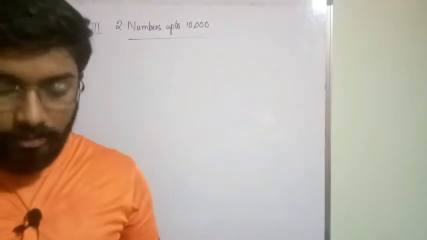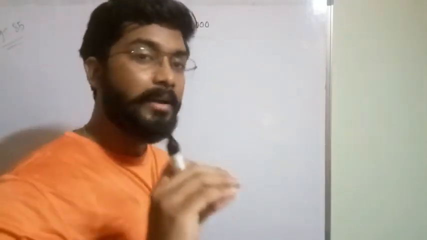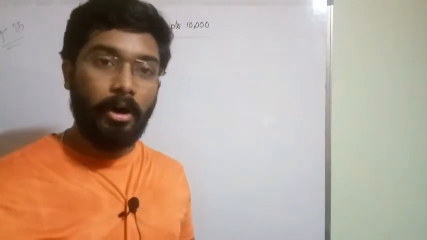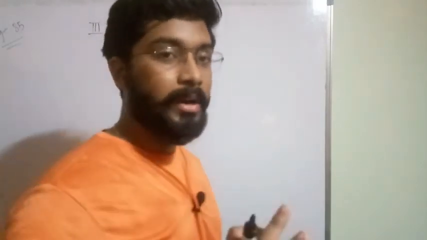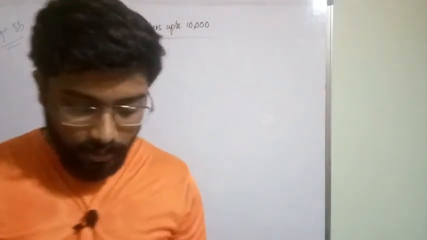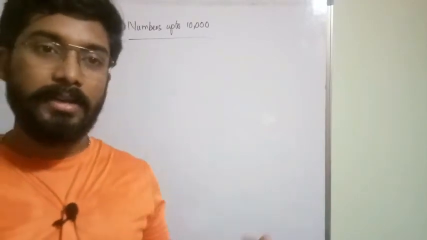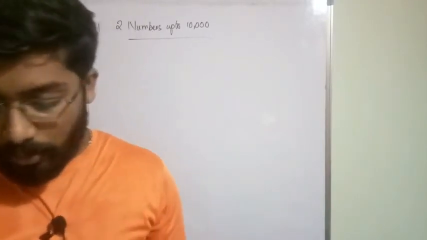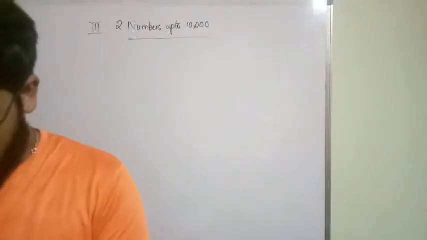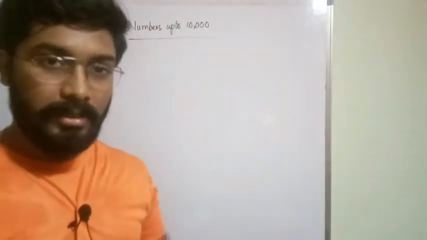So once again you have to go through this, from example 1 to this second bit, and revise. You should get perfect which digit is coming in which place. Then in the next class we will continue with the third bit, fill the missing numbers. Clear?